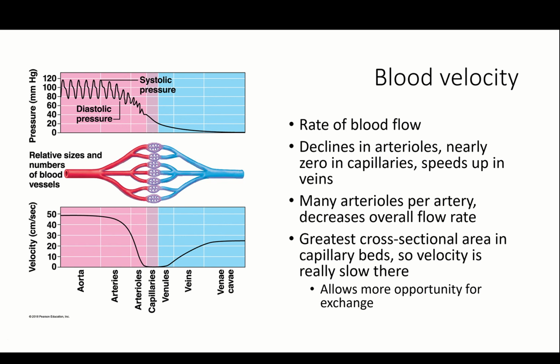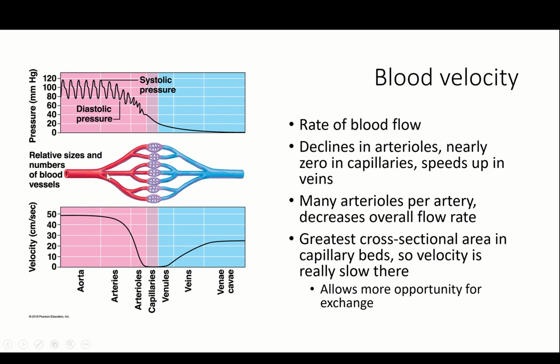This graphic is not just a function of pulse or blood pressure, but also of blood velocity, which means how fast the blood is moving throughout the body. Here we have really robust pressure, and therefore really robust velocity, moving through the aorta, the first artery, the major artery that leads away from the heart to feed the tissues.